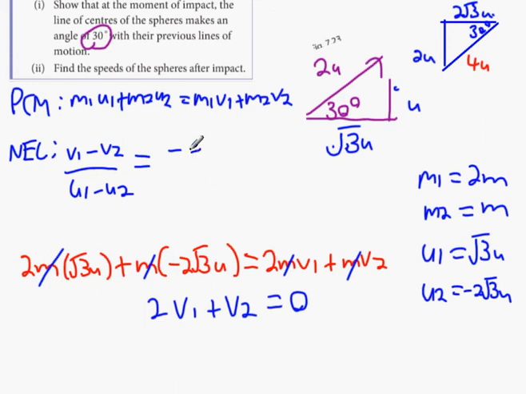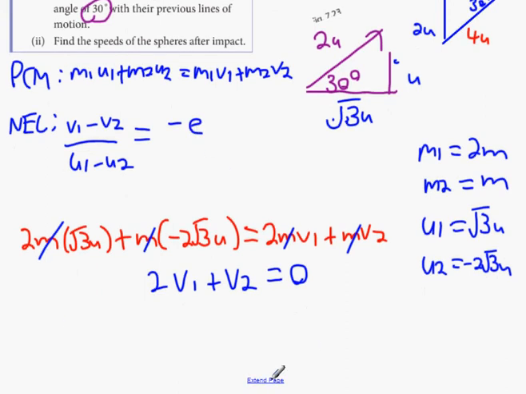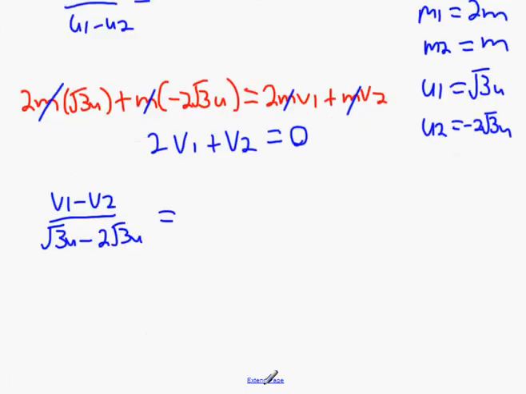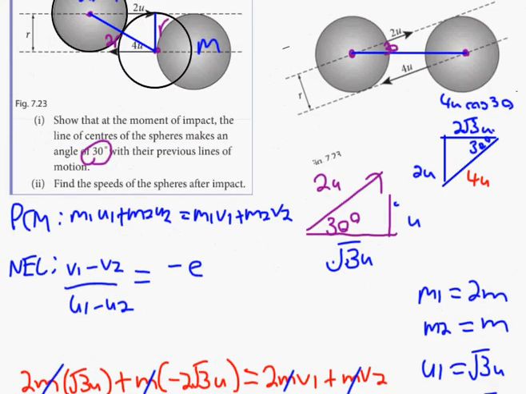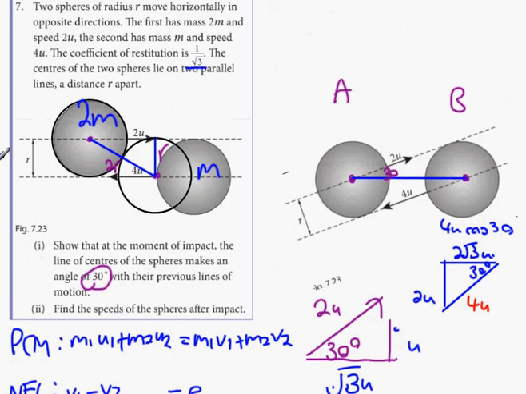Okay. Now, next one. v1 minus v2 all over what's u1 minus u2? It's root 3u minus 2 root 3u, which is going to give me minus root 3u. We know the E value, don't we? E value is 1 over root 3.